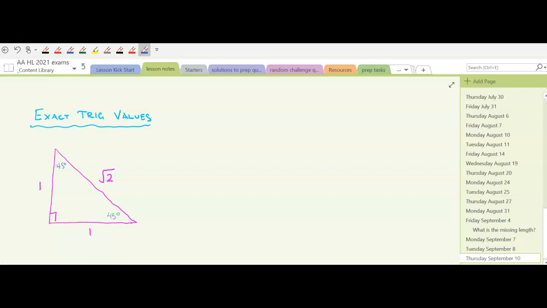That's one triangle, so we can use SOHCAHTOA now to get sine, cos, and tan of 45 without resorting to the calculator. So this is a paper 1 type scenario where you need to find a trig value manually, and it'll come out of these angles.